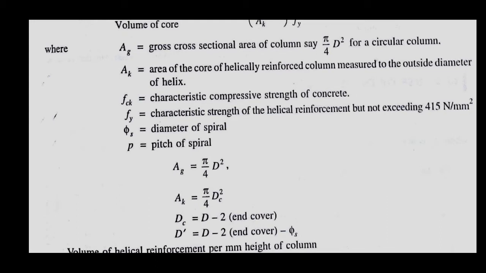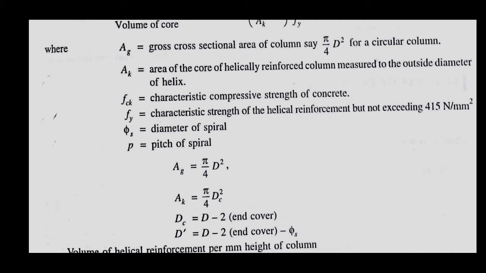Now, dc, the diameter of the core, is whole diameter minus 2 into end cover, because on two sides there is cover. D dashed means the inner core diameter, that is equal to D minus 2 into end cover minus phi s, that means the diameter of the spiral.